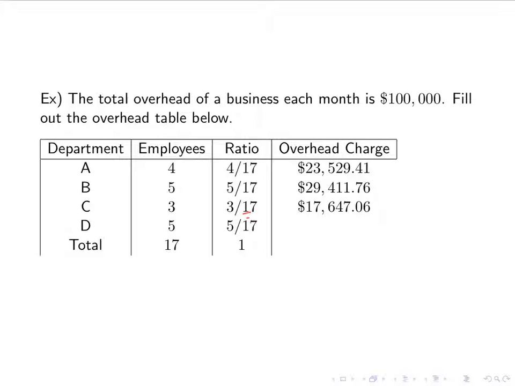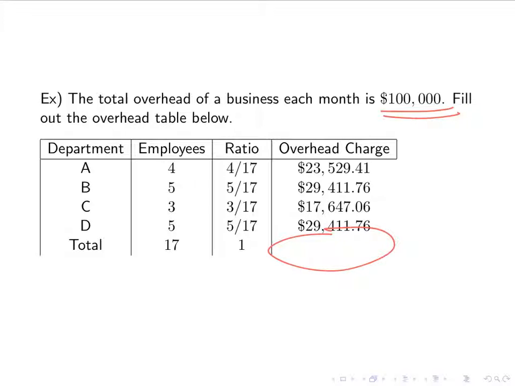So my answer over here, these two are the same. So this should be the same answer, and I don't have to actually do the math out again. I know it's going to be $29,411.76. Now, because we rounded, if I add them up and find the total, it might not be exactly $100,000. So it's okay if you're off by a penny or two.